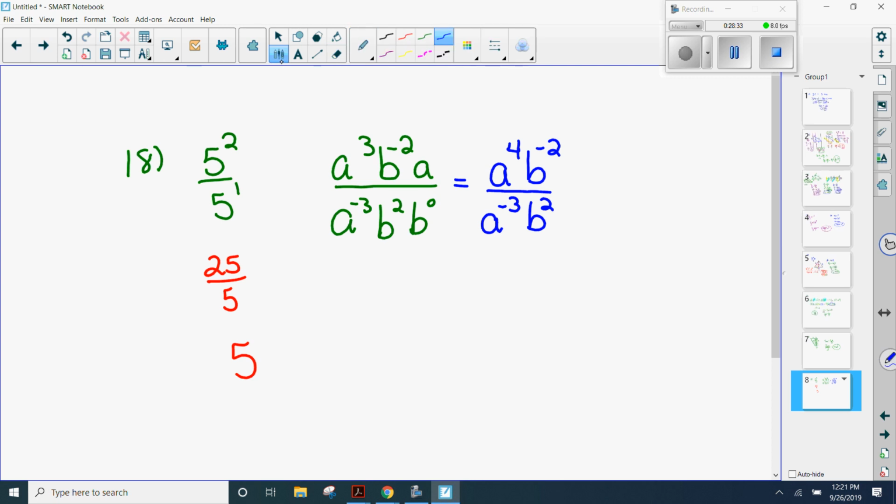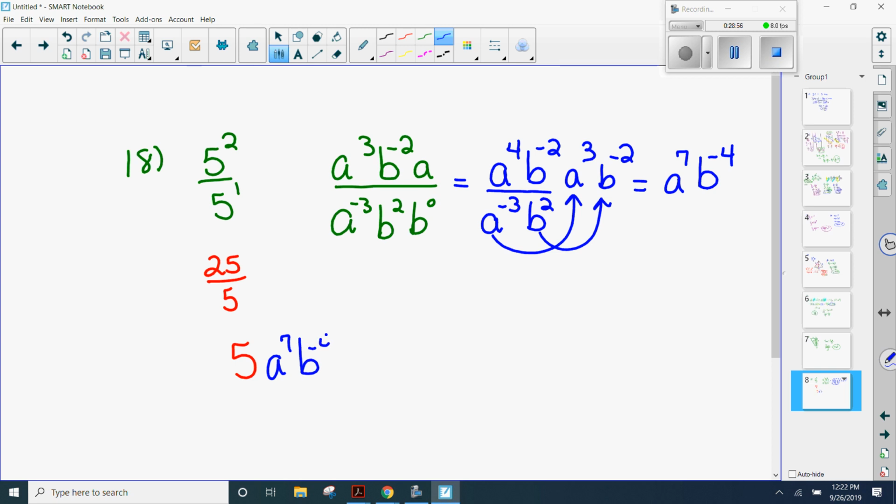So then that took care of that. But if you want to put it as a coefficient, you can. Now you move these up, which is a to the positive 3rd, b to the negative 2nd, and when you group those together, you get a to the 7th, b to the negative 4th. Add that with your numerical part, and you have your answer.